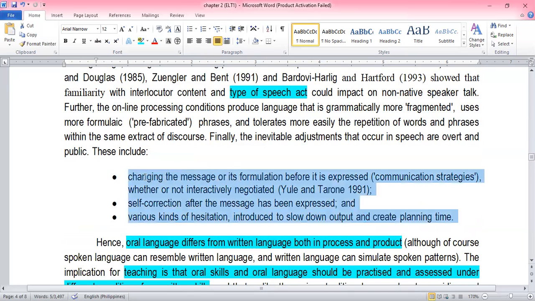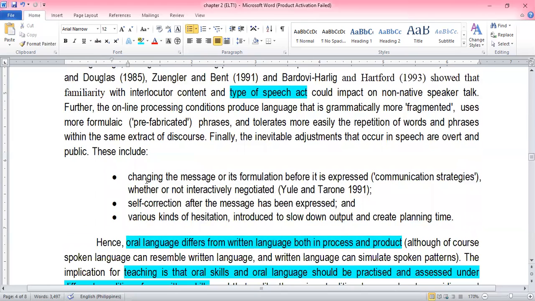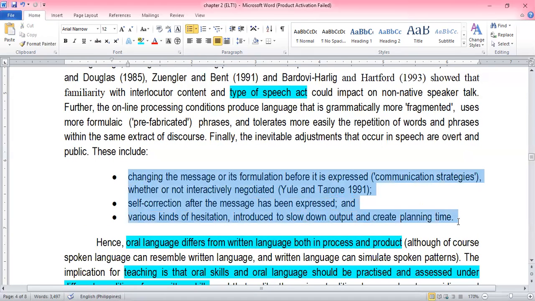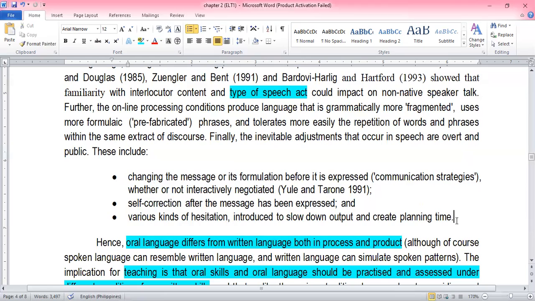So, these are the adjustments that you have to do. So, kaya sometimes speaking or conversations parang hindi siya linear, parang zigzag siya. Kasi there are inevitable adjustments that communicators or learners will experience, especially if they are beginners.